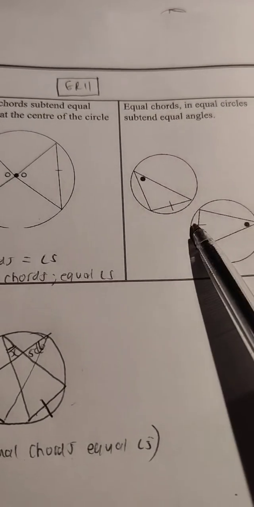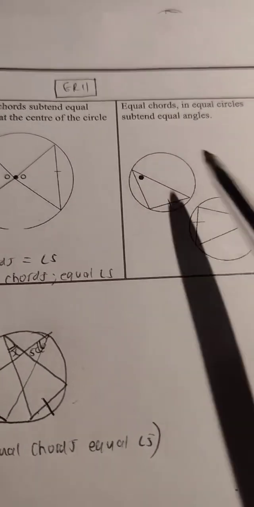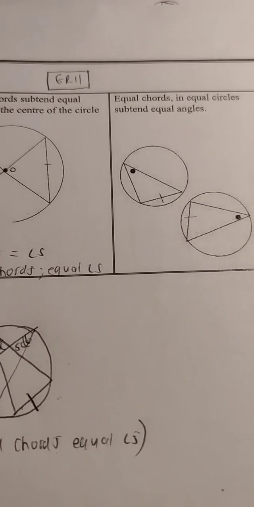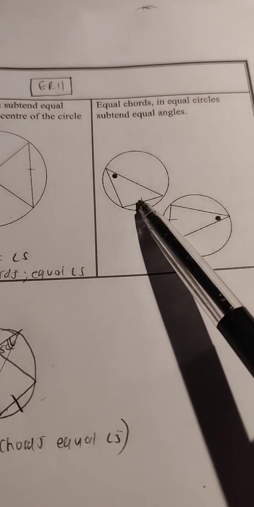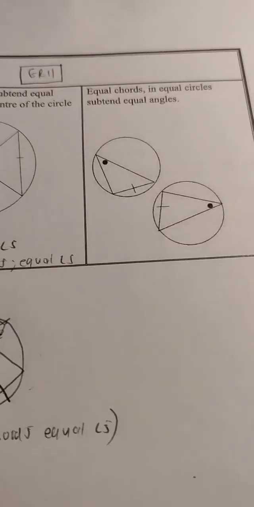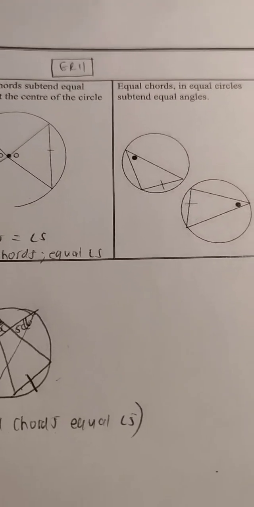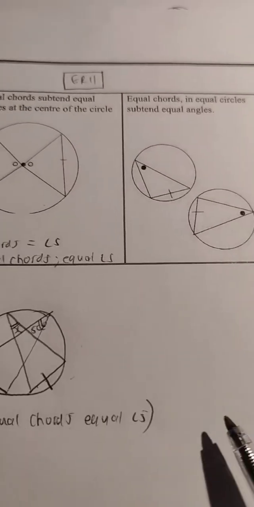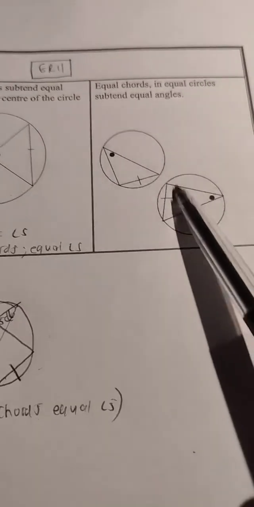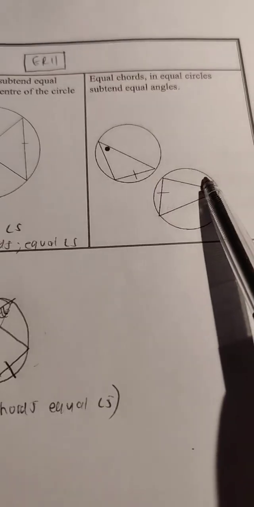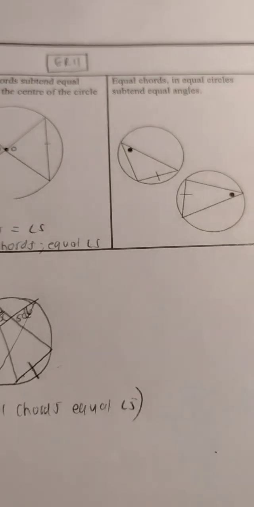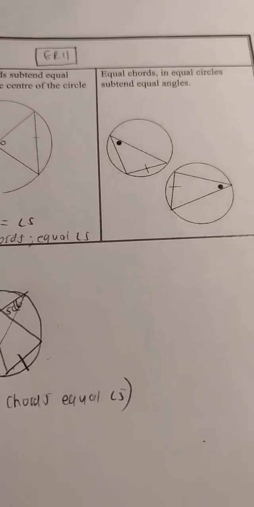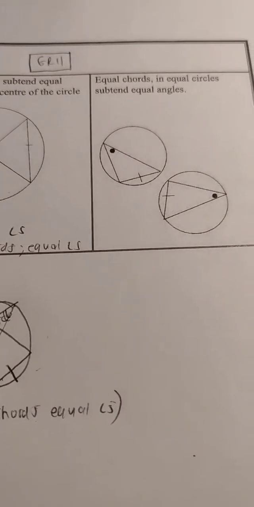If those chords are inside equal circles, then those chords subtend equal angles at the circumference. So if I know that these 2 circles have the same size, and I'm told that the chords are equal, then the angles you will find will be exactly identical. They are the same as well.